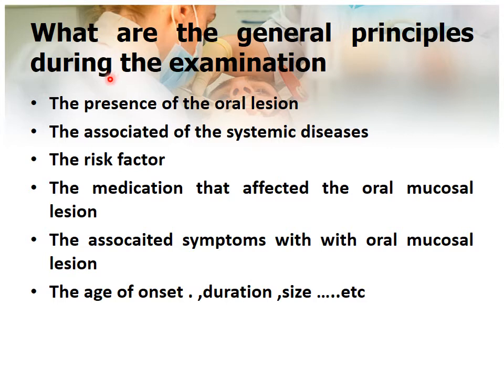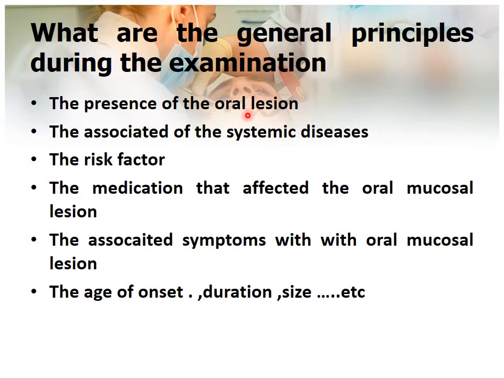Second, we have to know if there is an association between systemic diseases and the oral mucosal lesion, because some of the systemic diseases are going to affect, directly or indirectly through taking medication, the oral mucosal lesion.